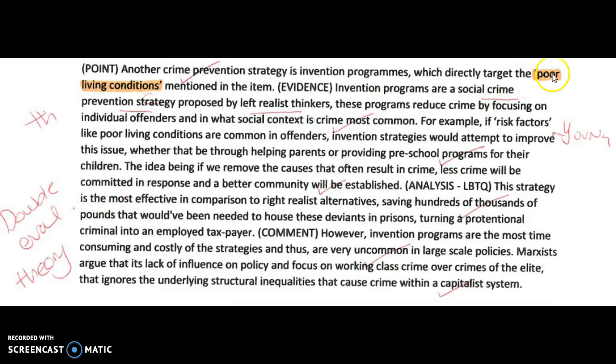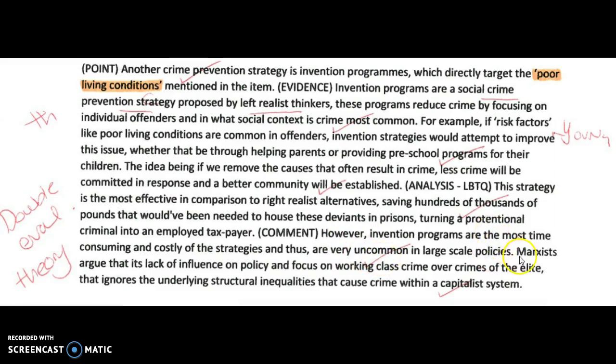So she starts off with the hook from the item, poor living conditions. She links it into left realism this time. She talks about what that is and what it is aiming to do, and then she starts to link it back to the question. It is effective because she makes a nice comparison there, so a bit of analysis. She compares it to the right realist alternatives, and then she does the 'however' and gives further reasons why it is not appropriate.